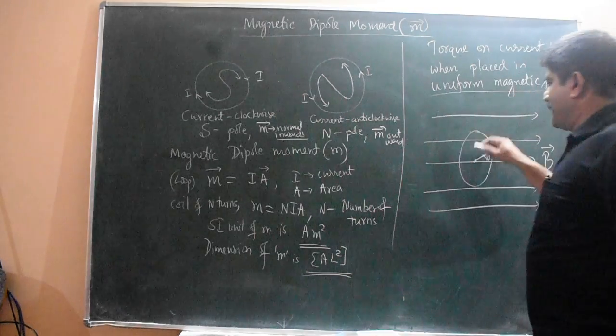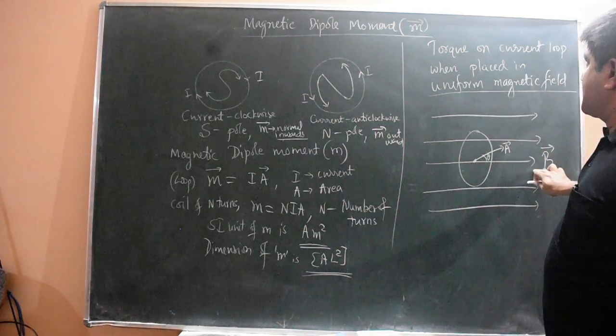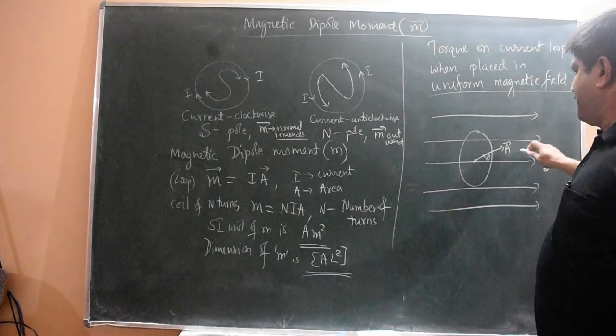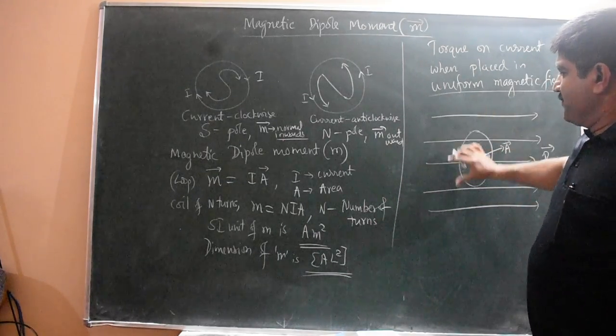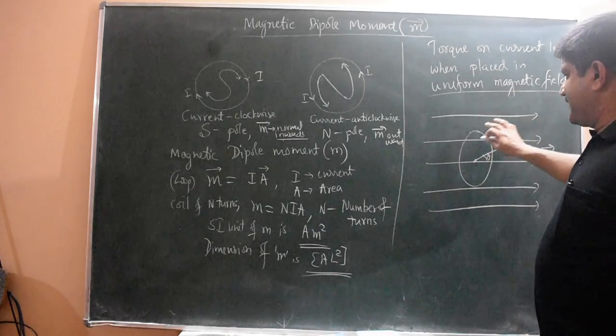So such a loop or a coil can also be placed in an external uniform magnetic field. In a uniform magnetic field, the lines are parallel and equidistant, and the loop is placed in such a magnetic field.